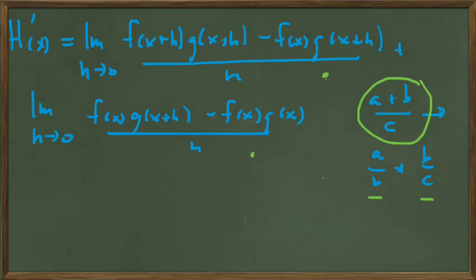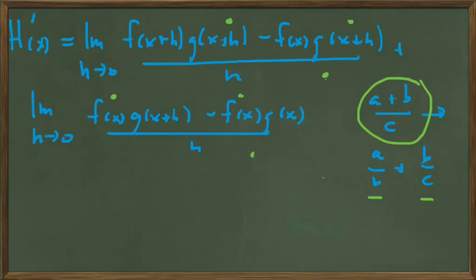So what we want to notice about these two limits written in this form is that the first one has a g of x plus h common to the two terms in the numerator, and the second one has an f of x common to the two terms in the numerator.